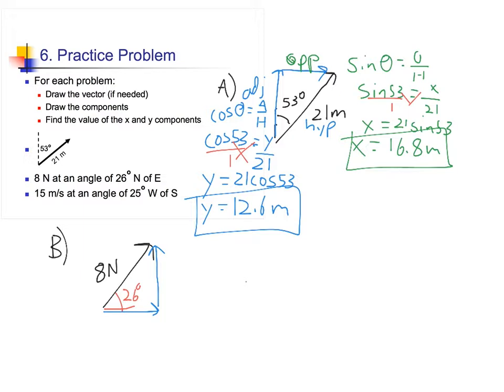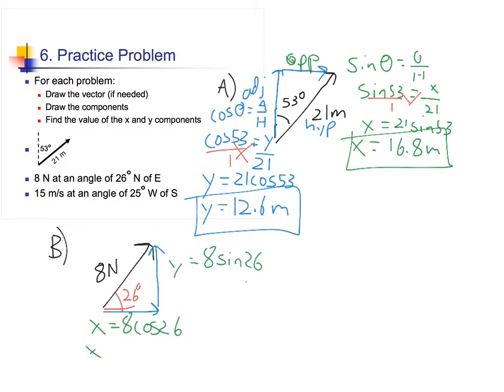Now I'm going to go ahead and solve for that. For my x component, that is the adjacent side, which means that x is going to be equal to 8 cosine of 26. And my y component is the opposite side, which means it's going to be equal to 8 sine of 26.